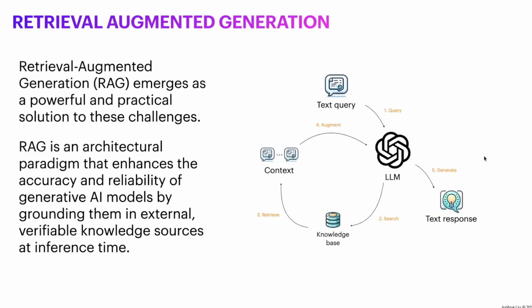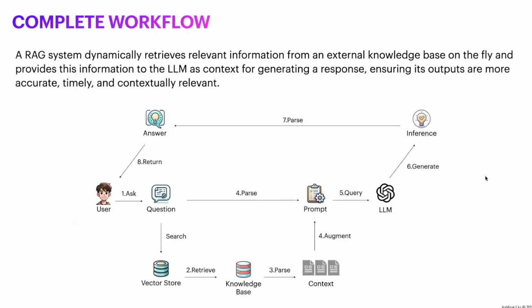Let's look into how the system works. Here is a slightly more in-depth workflow of a RAG system. When a user asks a question, an LLM or an algorithm will perform a search into a vector store, which is like a database of embeddings of the text. Based on some search algorithms, such as similarity or TF-IDF, which is based on keyword search, we will retrieve some chunks of knowledge from the knowledge base.